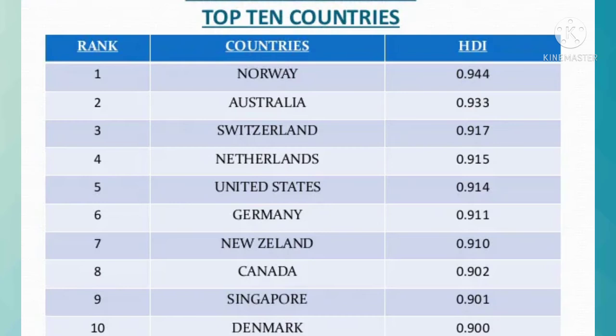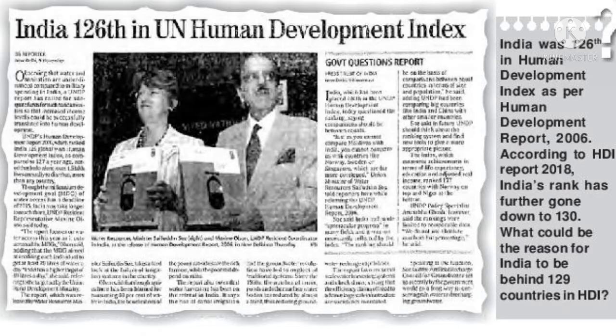Now here is a paper cutting in which India is 126th in the UN Human Development Index out of 176 countries. So we can say that India is also very far from the high development index or very high development index.